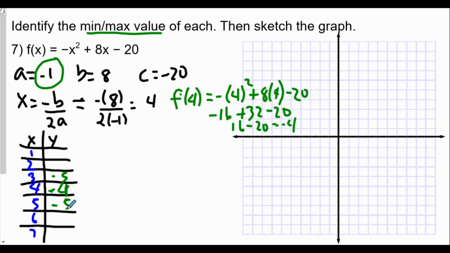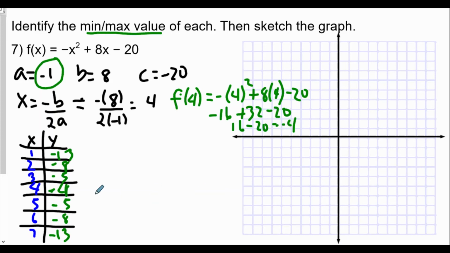That gives me positive 12. Positive 12 minus 20 is -8. And then for 1, 1 squared is 1, -1, plus 8 is 7. So positive 7 minus 20 is -13. I may not be able to fit that on here, but we'll see how it works out.